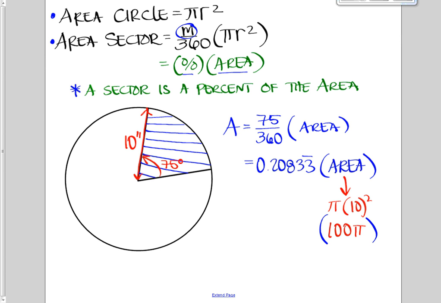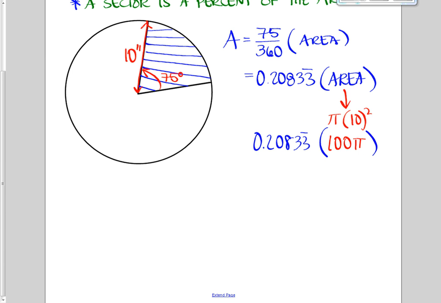So this is the area of the whole circle, but I actually only want 0.20833 times that area. Basically, I want 20.8% of that area. So all I'm going to do is multiply my percentage times 100, and I'm going to get 20.833, and I'm just going to leave the pi as a pi.